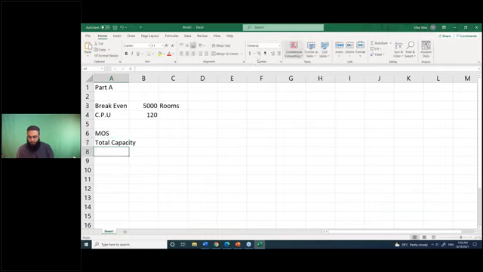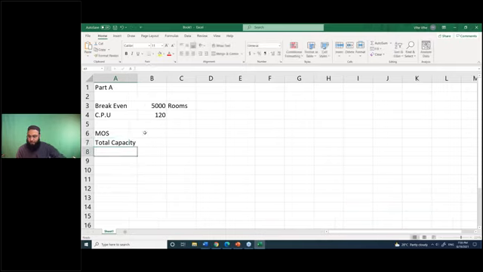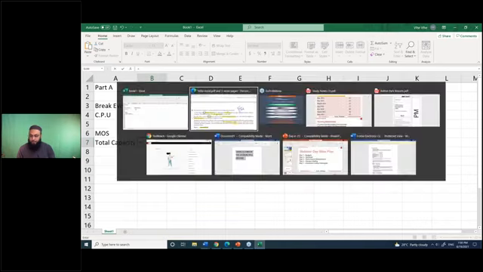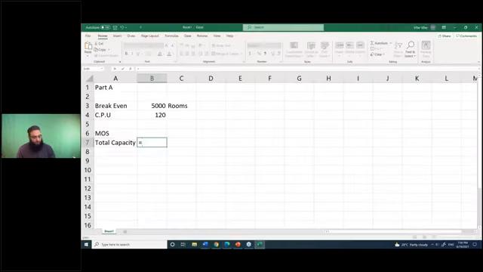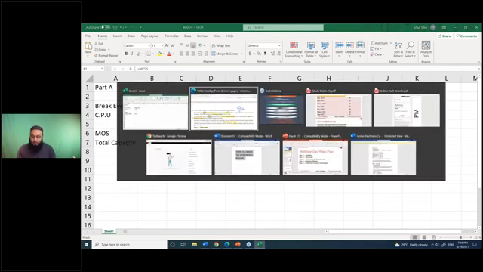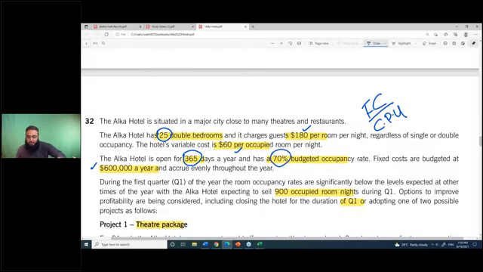Right. So for total capacity, what I need to keep in mind is 365 into 25, which is 9125. Now this is the total capacity, but it says that 70% is the occupancy rate.